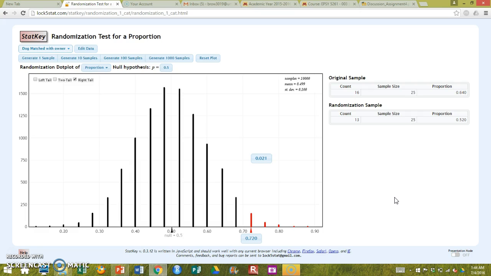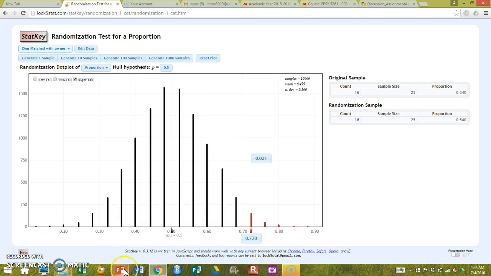Okay. So if our original sample were actually 18 out of 25, we obtain that proportion of 0.72 or something more extreme than that 2% of the time. That's a lot different than the 12% from before. So in this case, we get a p-value equal to 0.02.